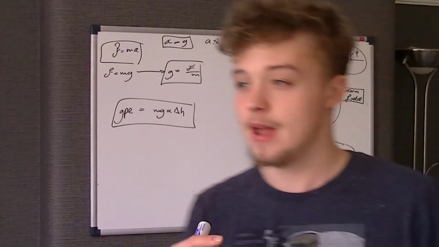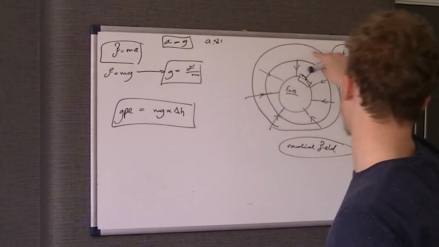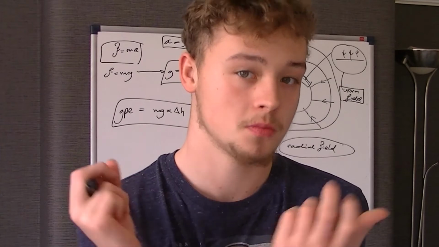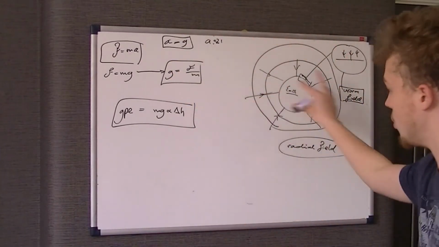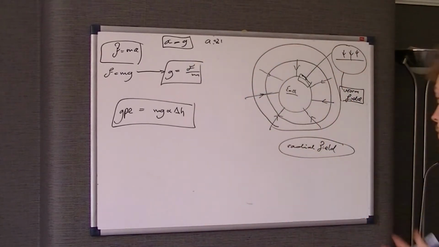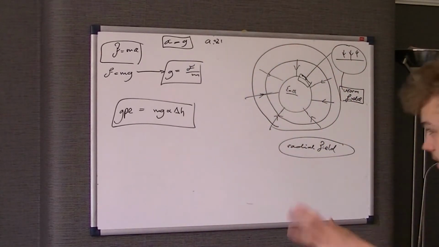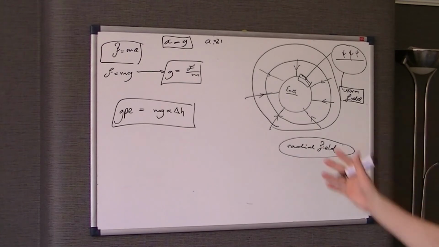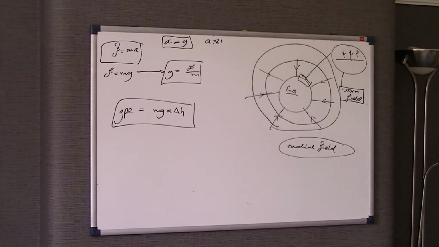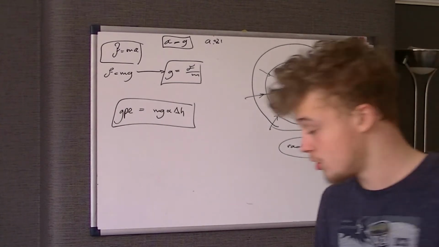If you're on the surface of Earth, it's like being on one of these equipotentials, the equipotential which is on the surface of Earth. So that's why it's the same all over the surface of Earth. But we won't get too much into that just yet. Anyway, that's gravitational potential energy, just a bit of a refresh, and that's why we can assume g is constant.